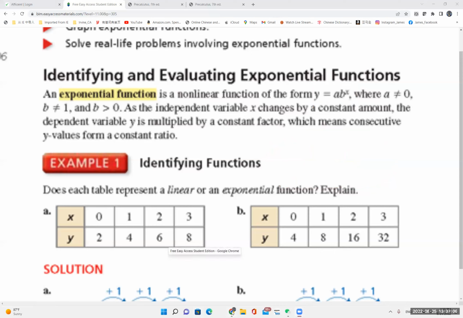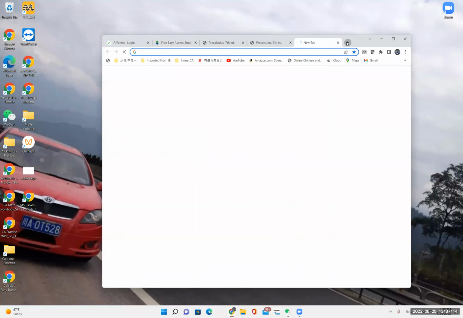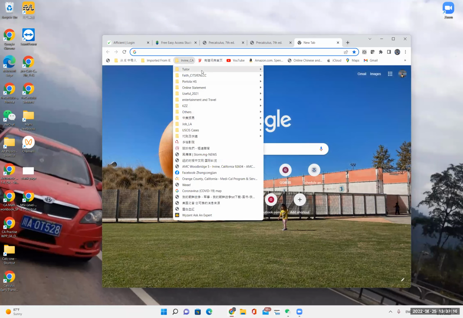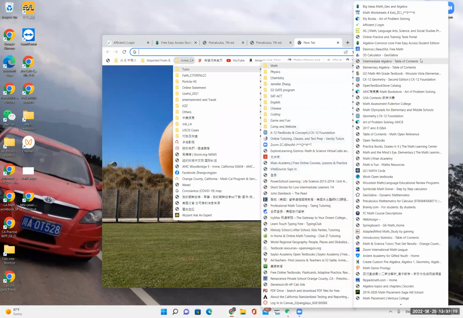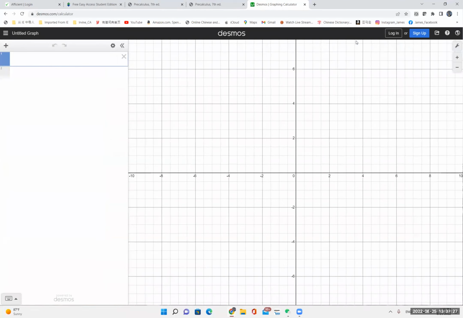Let me find the Desmos. Can you draw the graph of y equal to 0? Or think about if I type in y equal to 0, how Desmos can draw it for us?